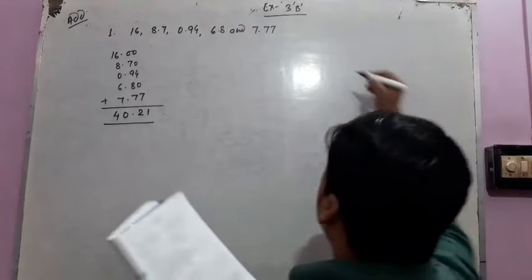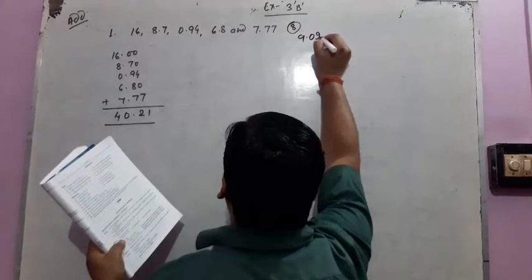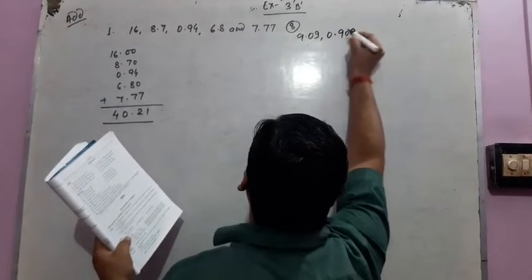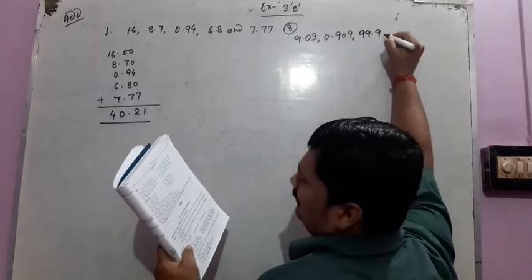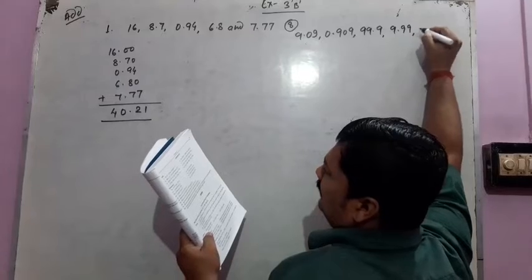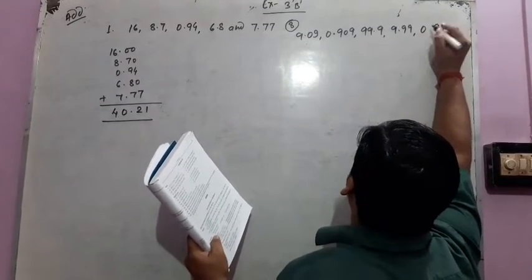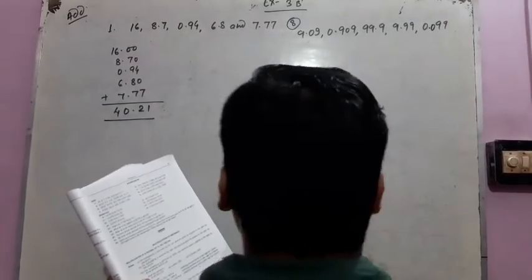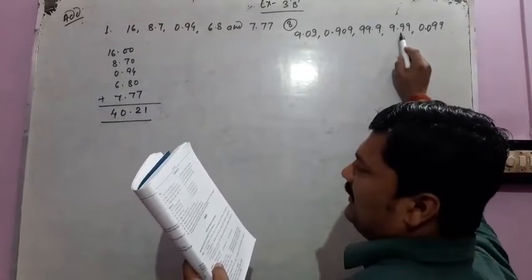Look at one more question here. Question number 8. We have to add 9.09, 0.909, 99.9, 9.99 and 0.099.